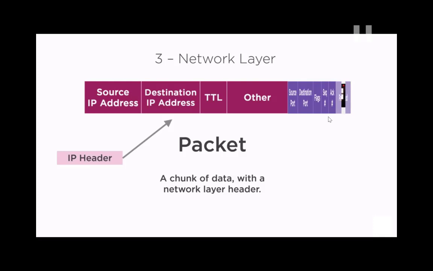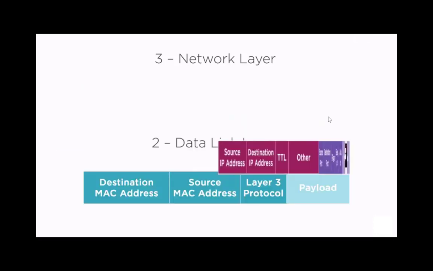Now, when the packet moves down to layer 2, it becomes a payload. What is a payload? When data moves from one layer to another layer, the previous layer's data is called the payload. The previous data is the payload for the next layer. So the layer 3 data is treated as the payload in layer 2. So this is our payload.